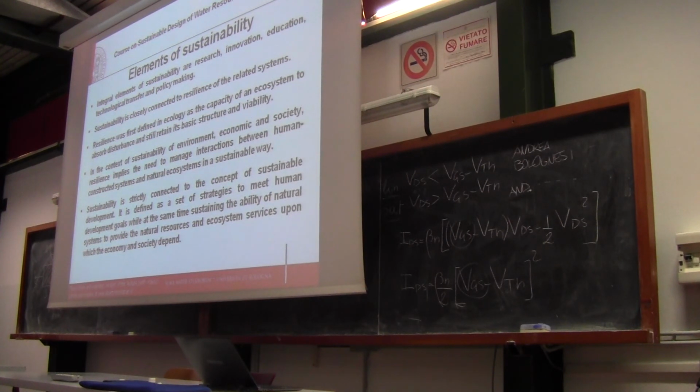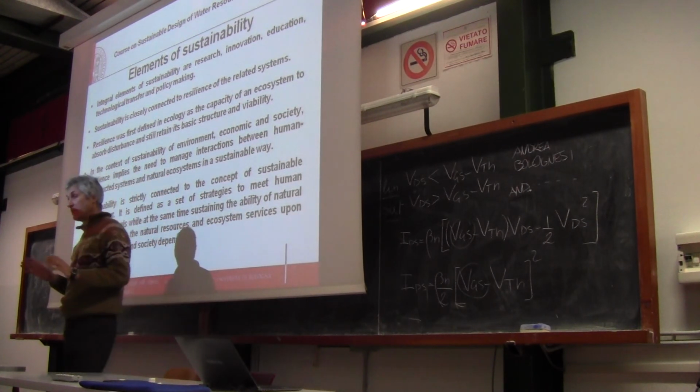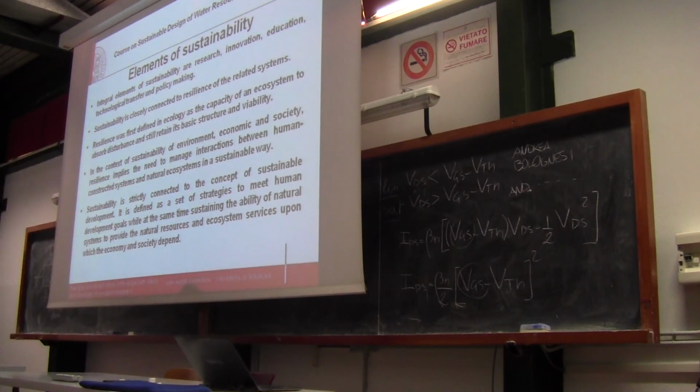With respect to an earthquake, it may mean that you have good buildings, but it may also be given by the ability to reconstruct very quickly, the ability to provide funding to reconstruct. So there are several components of resilience. In the context of a water resource system, resilience again can be provided by a plurality of water sources.